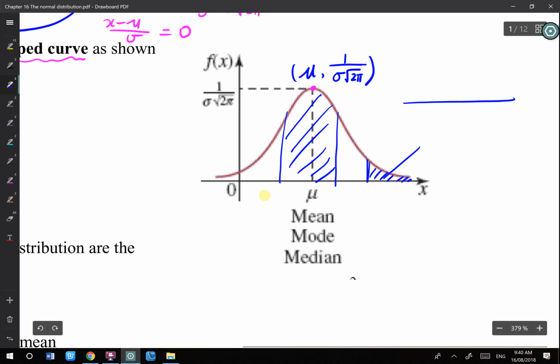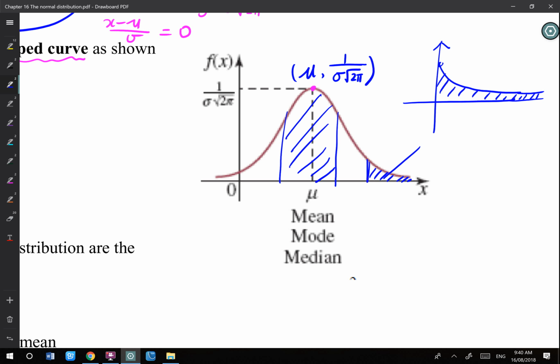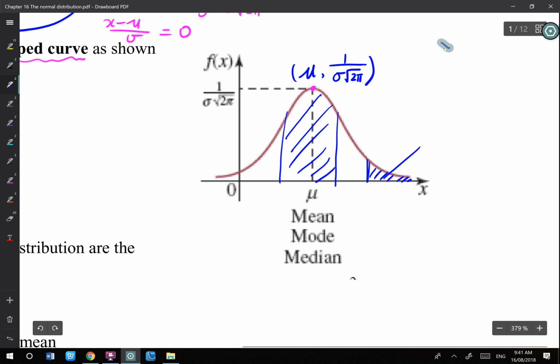I'm not sure if you remember, there was one exponential question we did where the area altogether at the end of the curve is just 1, because e to the power of negative infinity is almost 0, so we treat this area as 1. Similar reason here: even though we extend forever to each side, because it keeps decreasing, it almost reaches 0 in the end.